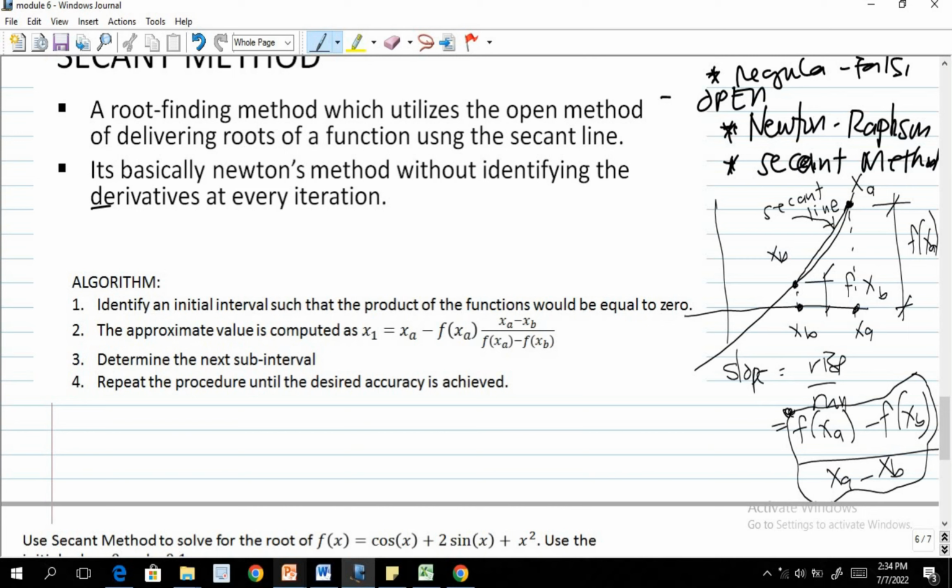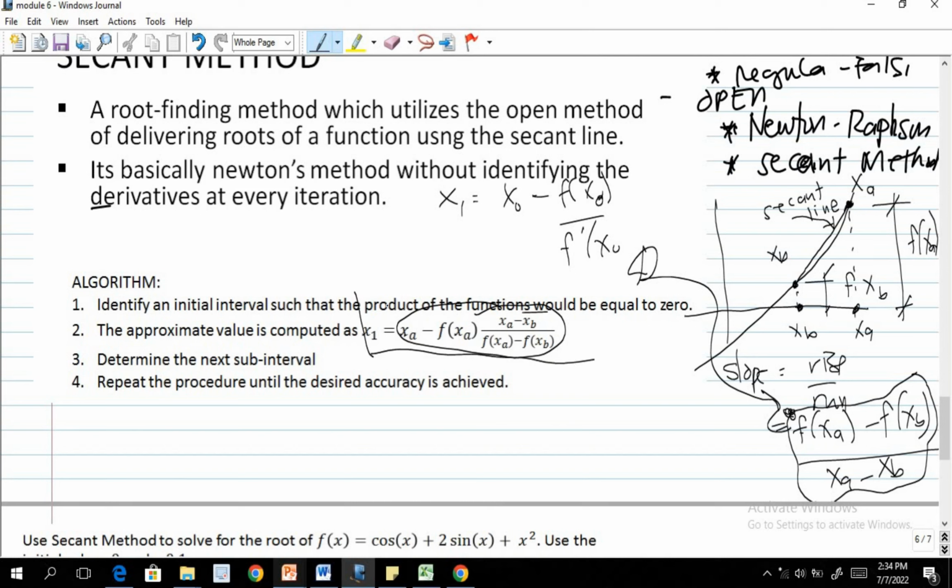Ito ngayon yung isa-substitute natin dun sa may equation kanina, x1 = x0 minus f(x0) over f prime of x0. Ito ngayon yung gagamitin natin dito para makuha natin, galing po yung equation na to, galing po siya dito. Okay? So, ito yung gagamitin natin na equation to solve for our new value for x.